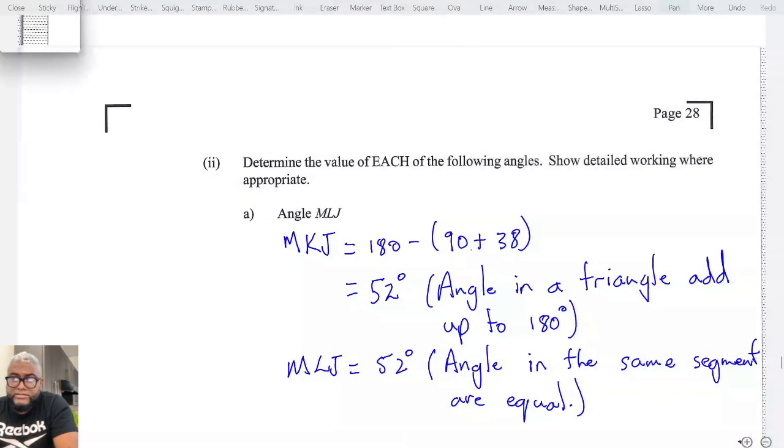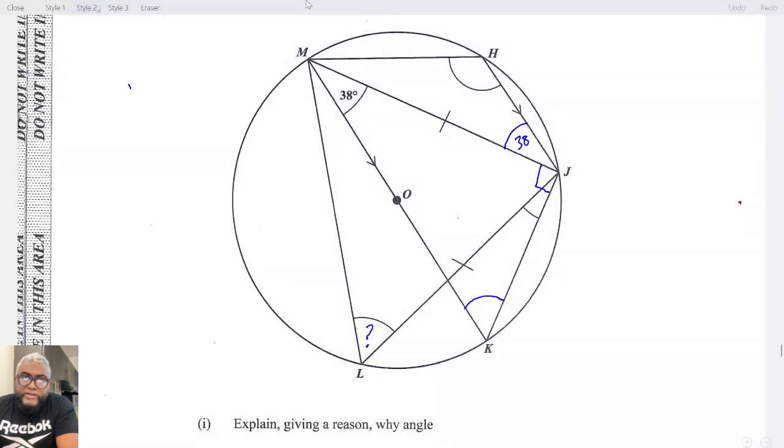Pause, because I know some other item. Right, so we want to find LJK, right? I reason this because we found this. What here was? What do we have here to be? 52, right? And here's 52 also, right? So what we want is LJK, which is this here.